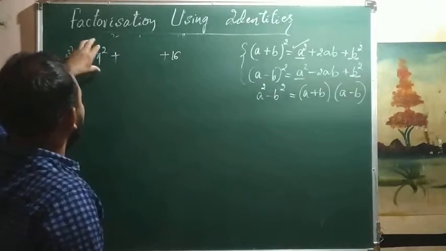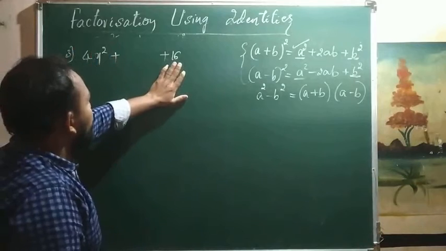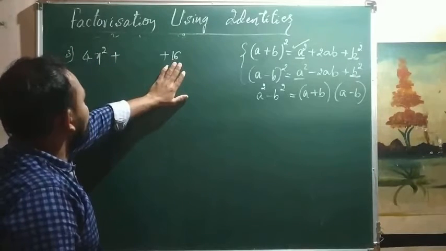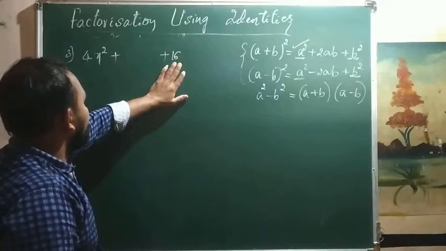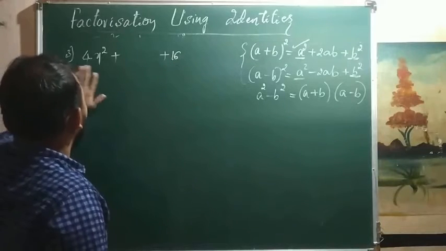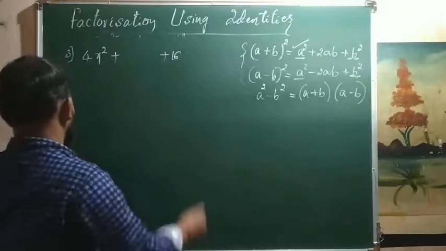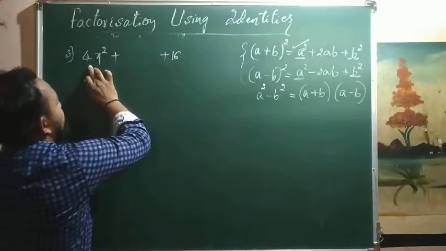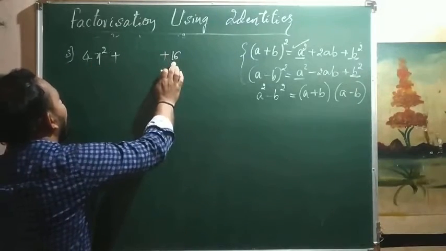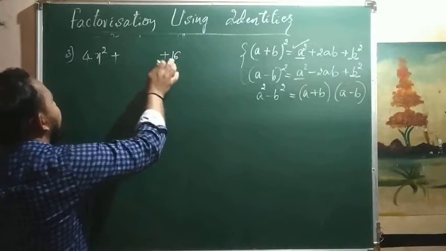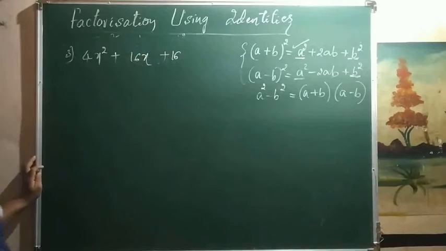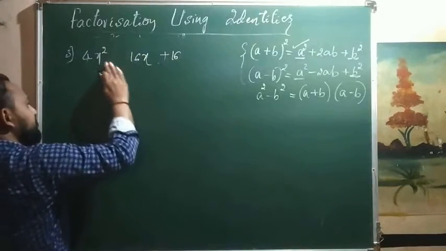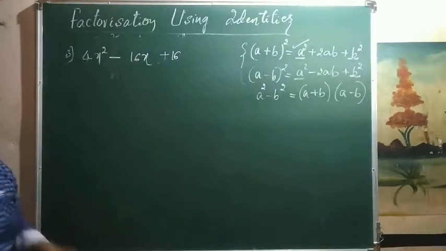Here the 2x and 4, 2x into 4, 8x into 2, 16x. Okay, take this one as minus.